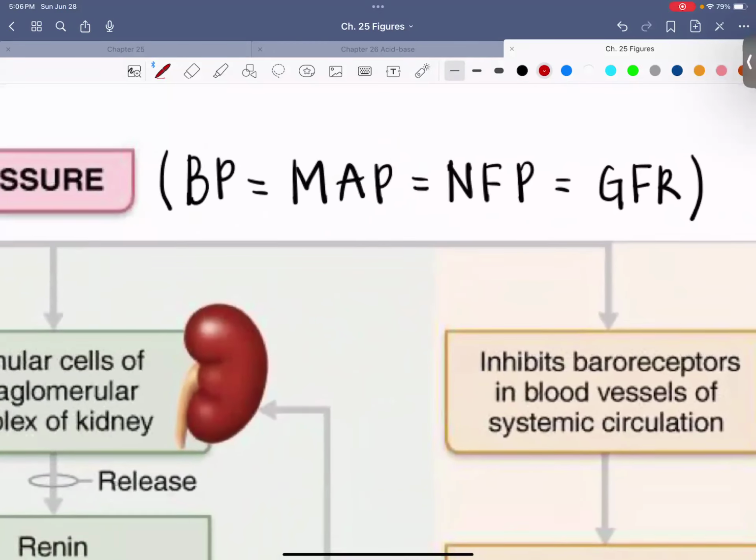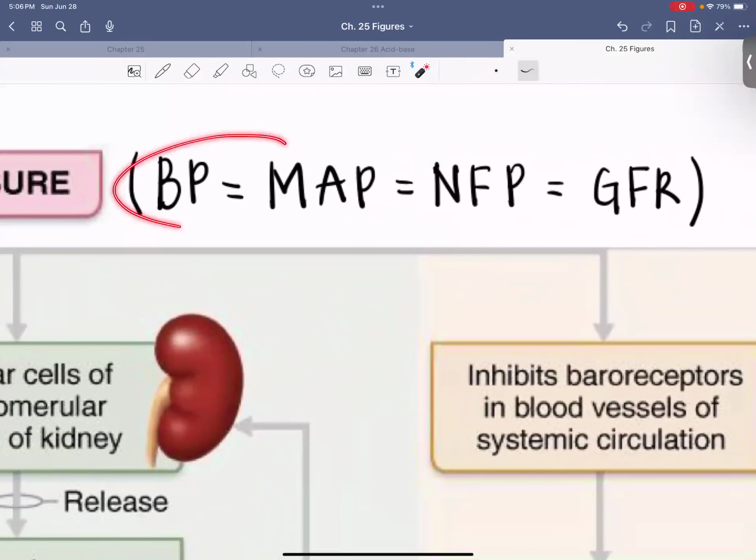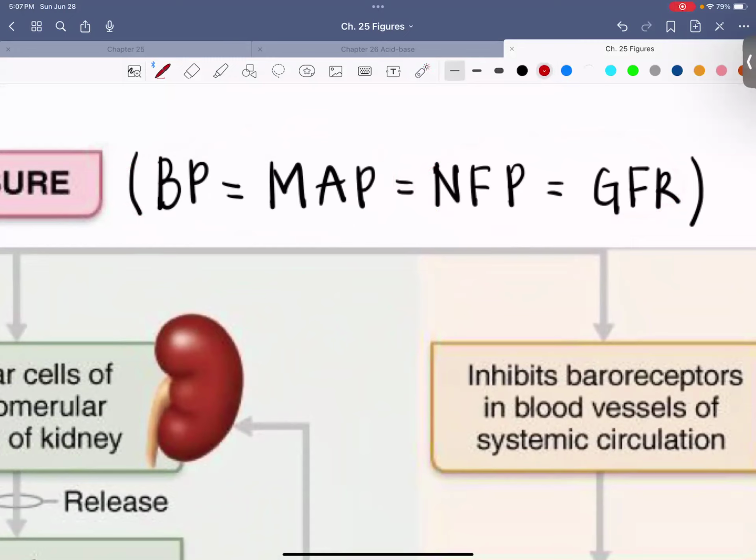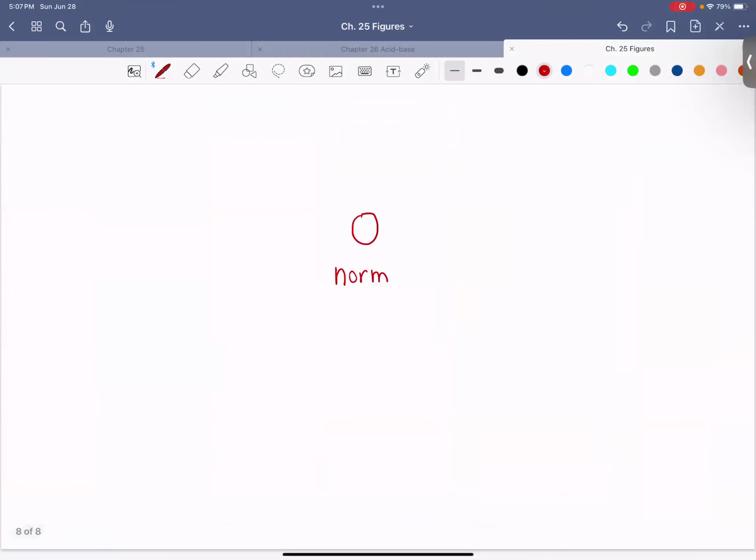Notice that there's a direct relationship between blood pressure and mean arterial pressure, or systemic blood pressure. The net filtration pressure and glomerular filtration rate are also proportionate to these other two pressures. So if blood pressure decreases, your mean arterial pressure will decrease. This decreases the net filtration pressure, which decreases the glomerular filtration rate, and vice versa. If blood pressure increases, all of these other pressures or forces are going to increase as well.